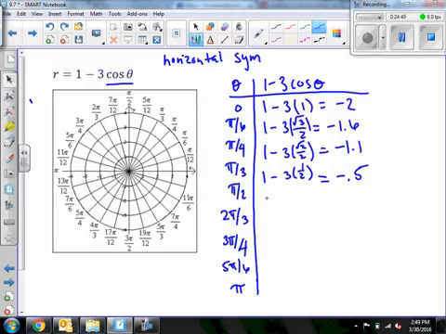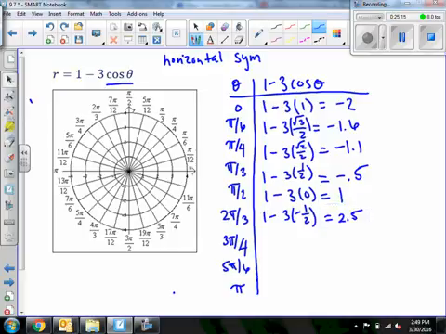And if I plug in pi halves, that's 1 minus 3 times cosine of pi halves, which is 0, so I end up with positive 1. 2 pi thirds: cosine of 2 pi thirds is negative 1/2. So this is actually going to be 1 minus a negative 1.5. Becomes 1 plus 1.5, and I get 2.5.